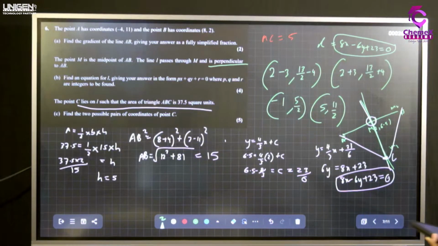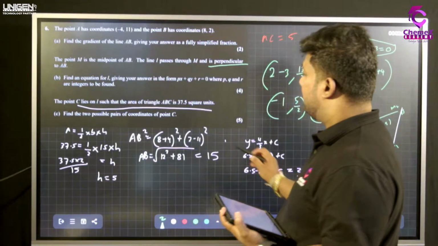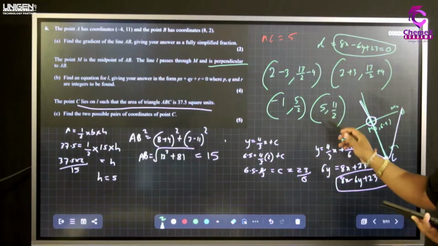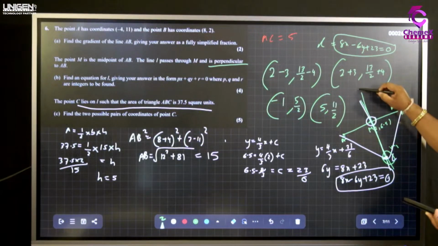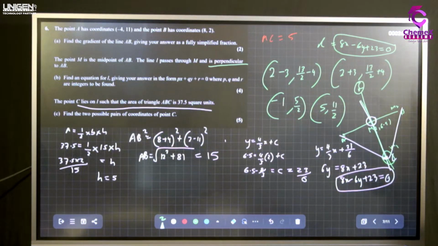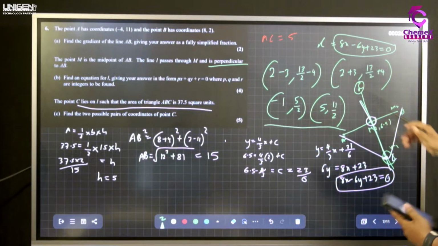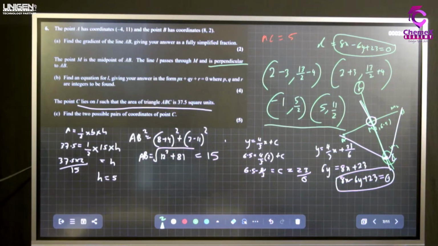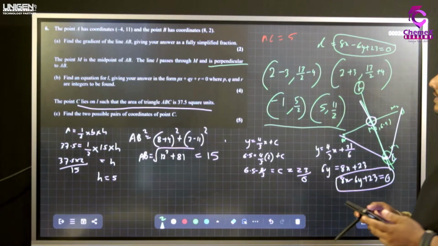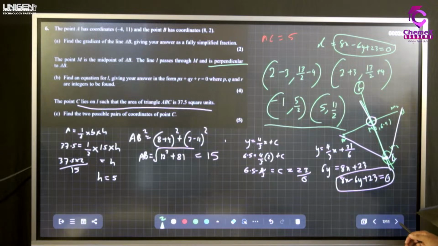So these are the two coordinates that can be of C. So either this or it can be here. Understood? How the two coordinates came? So -1 comma 2.5 or 5 comma 10.5. Okay. Done. So shall we go to the next?